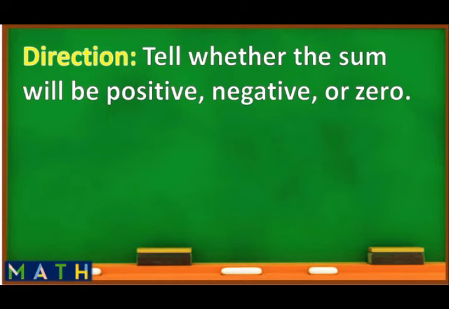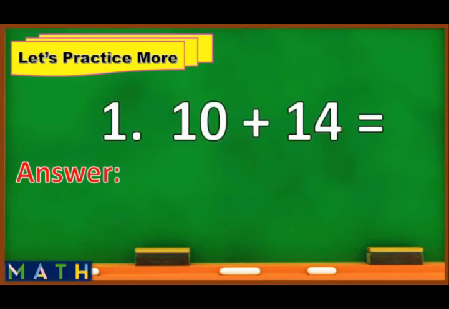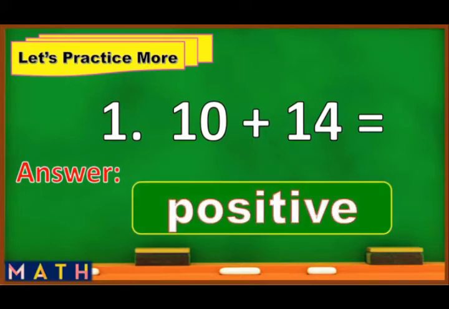And you have 5 seconds to give your answer. Number 1. Positive 10 plus positive 14. What is the answer? The sum of the two positive integers, 10 and 14, will result in a positive integer.